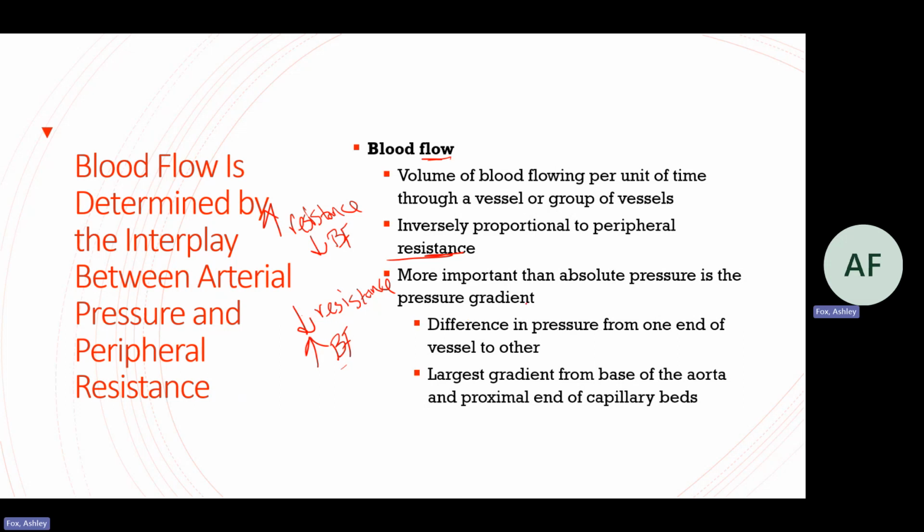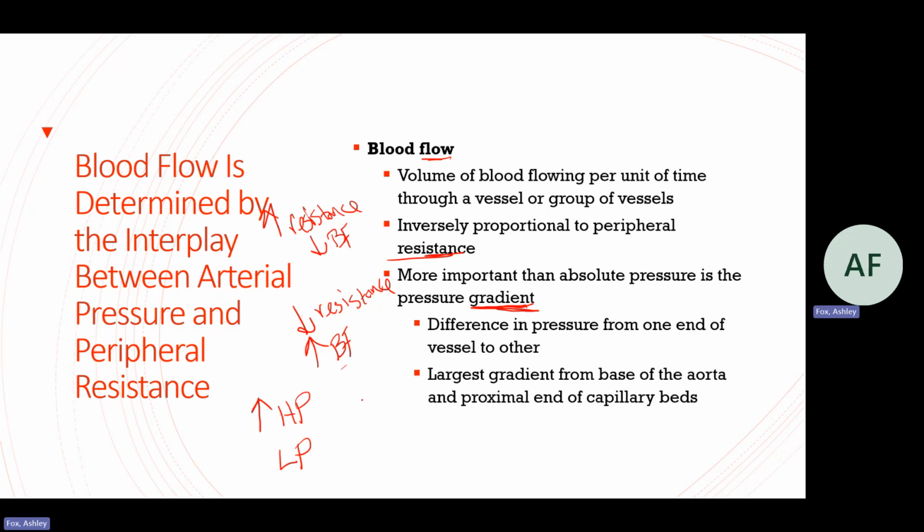Oftentimes we look at pressure gradients. Remember with diffusion, just like with pressures, and this is going to come into play a lot when we take the respiratory section, things go from high pressure to low pressure. Just like going from high concentration to low concentration, things are going to go from higher pressure situations to low pressure situations. It's just natural.